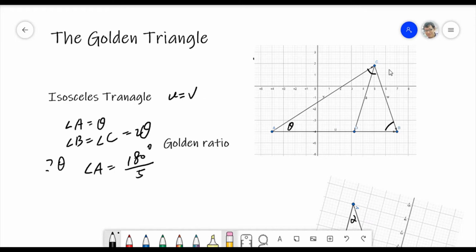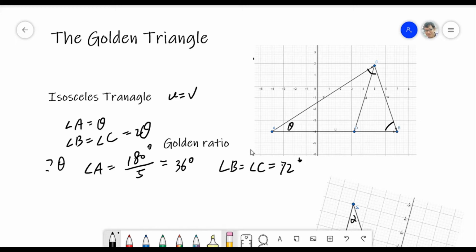Because angles A, B and C together are the internal angles of triangle ABC, their summation is 180 degrees, and they have 5 theta in total. So divide by 5: angle A is 36 degrees, and angle B and angle C equal 72 degrees.